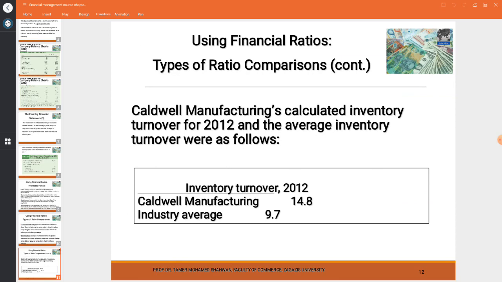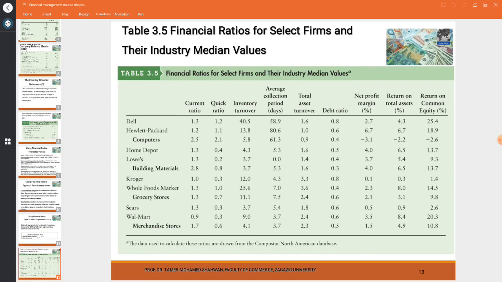For instance, in this example, this firm's inventory turnover is 14.8, which is higher than the industry average of 9.7. This means that we have high efficiency in managing our inventory.